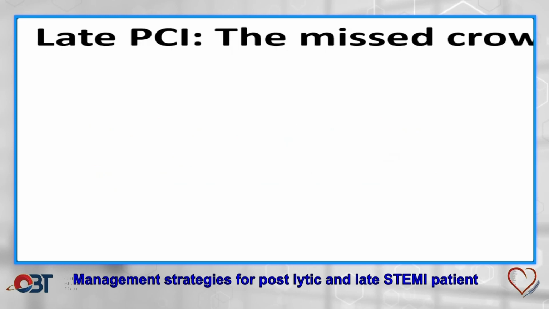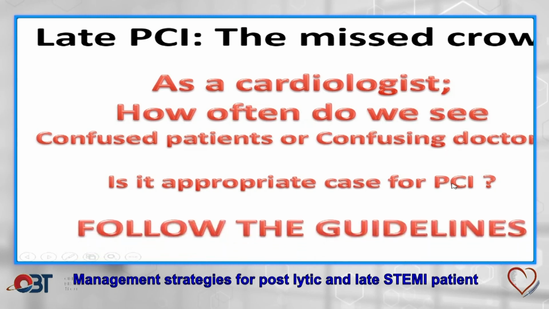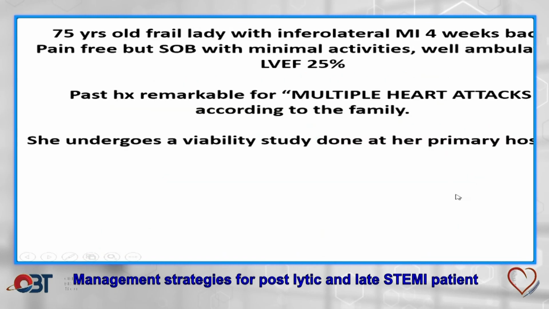So late PCI was actually the missed crowd. That's what we are interested in, to see if there is any difference we can make. I was also looking at what the appropriate use criteria are in these patients, and are we following the guidelines?